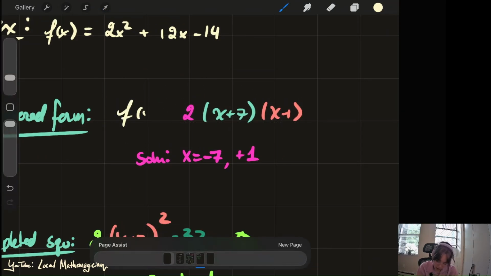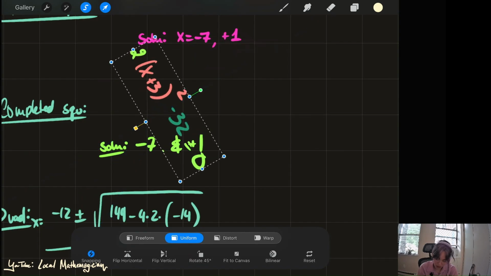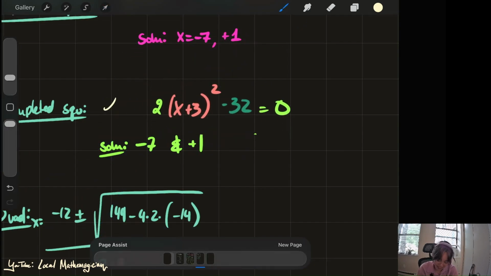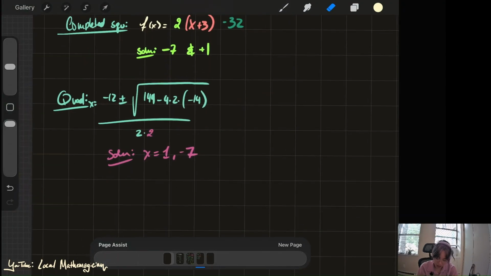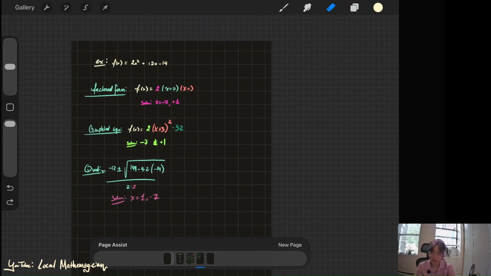All of a sudden, you can start doing things like this, and of course, all of a sudden, you know what the zeros of your parabola are.